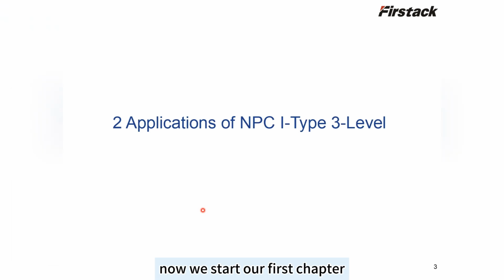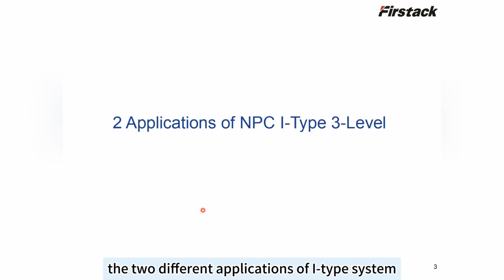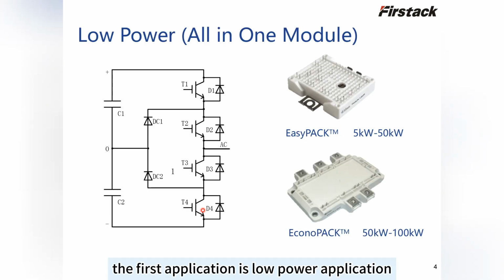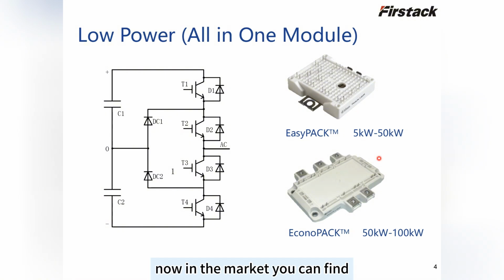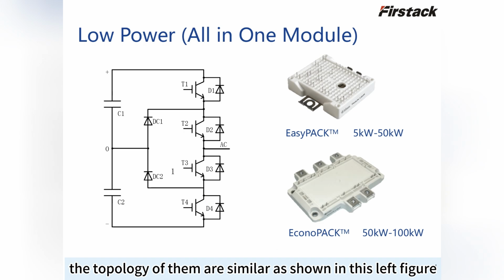Now we start our first chapter, the 2 different applications of the I-type system. The first application is low power application. The power level is around 5 to 100 kilowatt. Now in the market, you can find this kind of module, for example, EasyPACK and EconoPACK. The topologies of them are similar, as shown in this left figure.